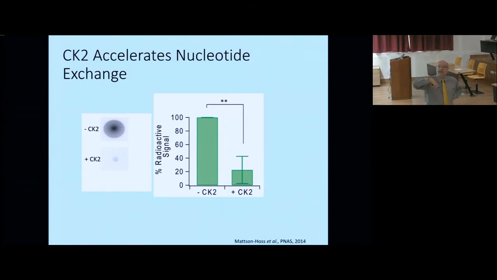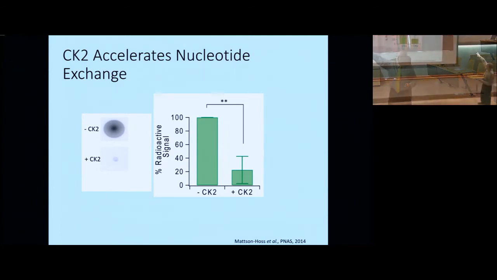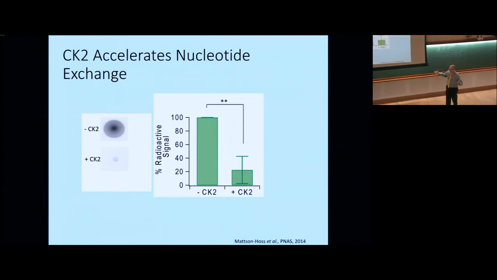We look at the kinesin via a dot blot experiment: we put a dot of kinesin, the kinesin sticks to the filter paper, and you wash it off, so any hot ATP or ADP in solution that isn't attached to the kinesin washes away, and you can see the radioactivity. In the presence of CK2, you see much less radioactivity. So that suggests that CK2 is releasing ADP from the kinesin.